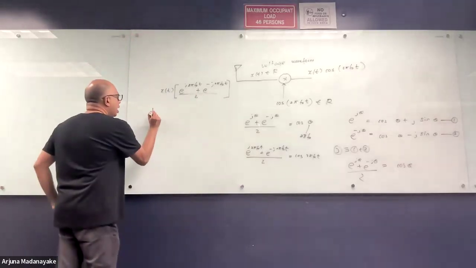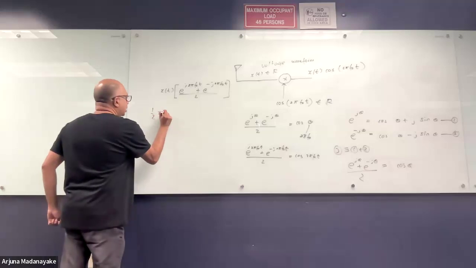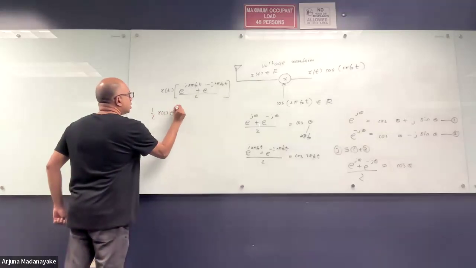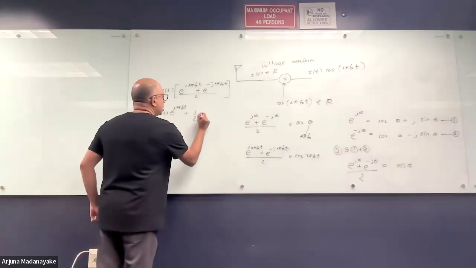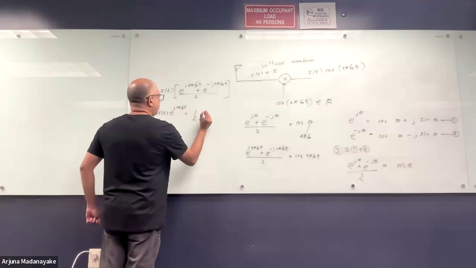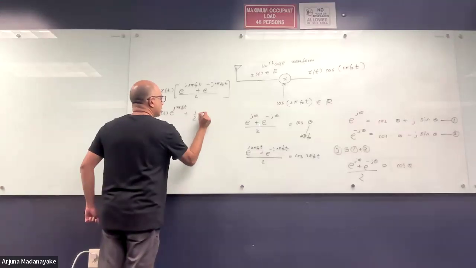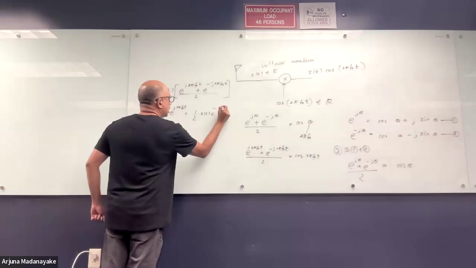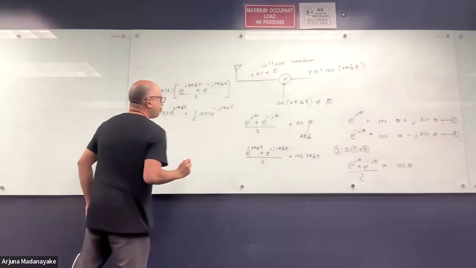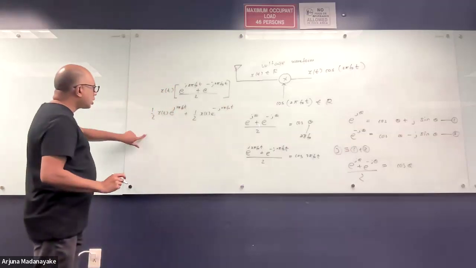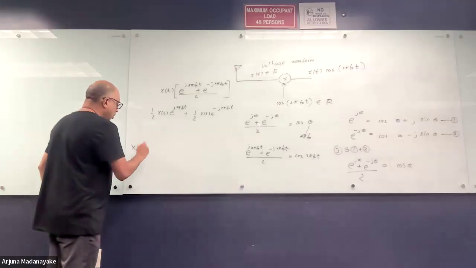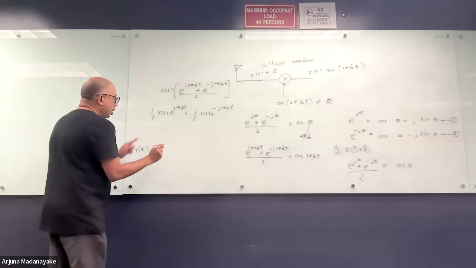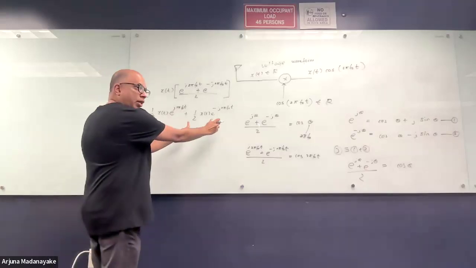I have 1/2 x of t e to the plus j 2 pi f naught t plus 1/2 x of t e to the minus j 2 pi f naught t. So from properties of the Fourier transform, I can write the spectrum X1 of f is the spectrum of this part plus the spectrum of that part.